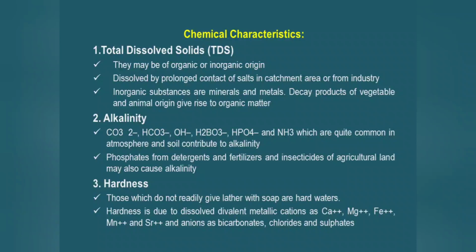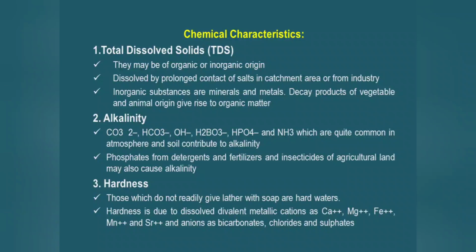The inorganic substances are minerals and metals, and organic materials may be decay products of vegetable and animal origin that give rise to organic matter. And the second property is alkalinity.